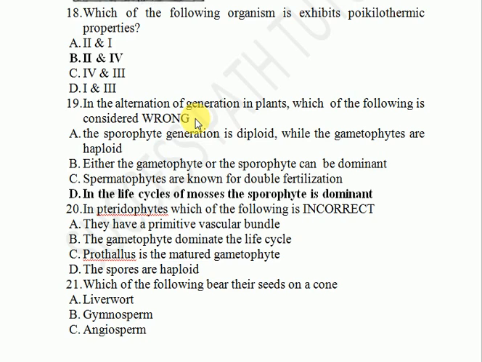The gametophyte is dominant in the life cycle. That is wrong. In pteridophyte, the gametophyte is not dominant. It is the sporophyte. In fact, it is only in bryophyte that we have the gametophyte dominant. In all the other divisions the sporophyte is dominant. So in question 20, every other option is correct except for option B.